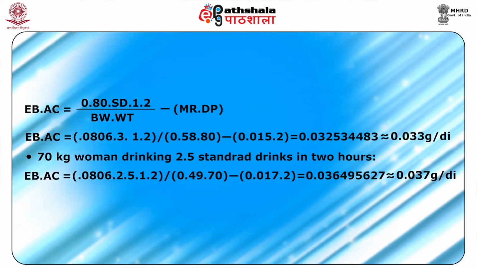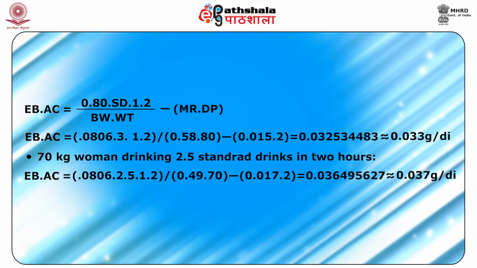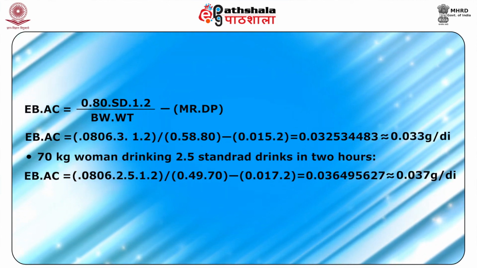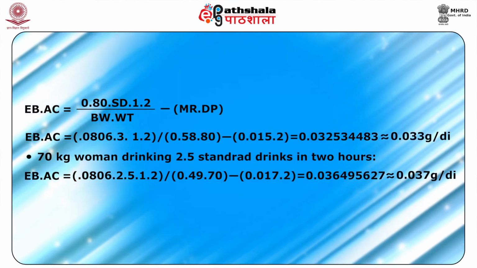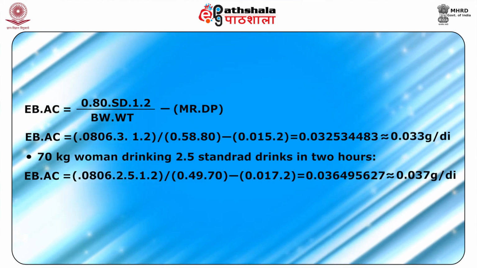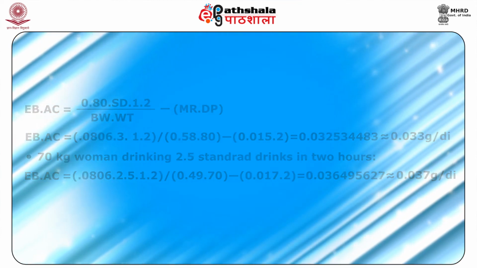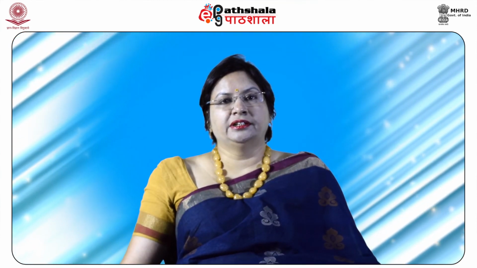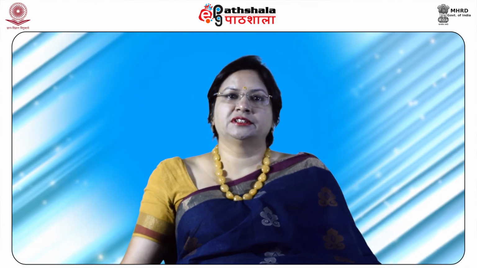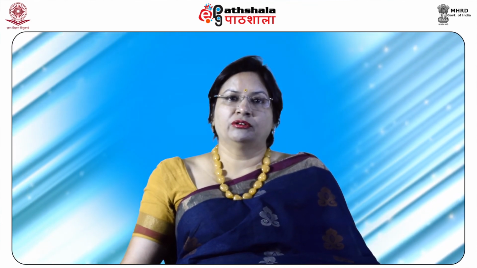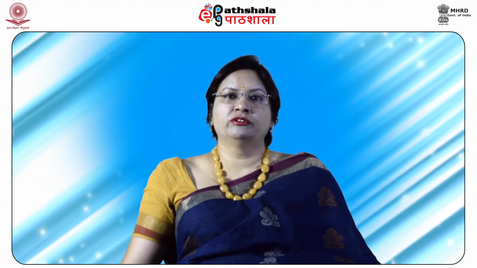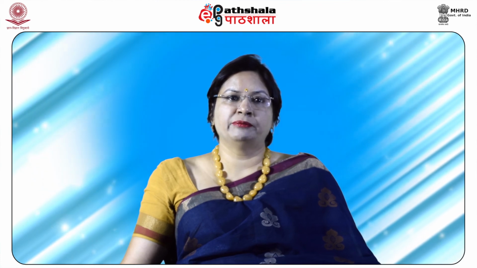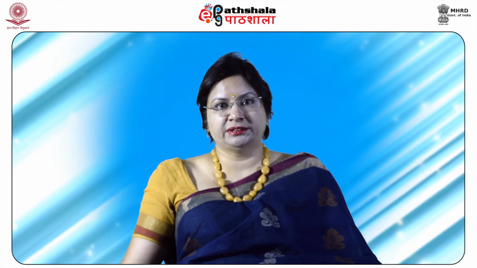Similarly, a 70 kg woman drinking 2.5 standard drinks in 2 hours can calculate the EBAC value in grams per deciliter. So dear students, in this module we have discussed the fate of alcohol, focusing on alcohol metabolism and how the various factors are dependent, because it will vary from person to person.